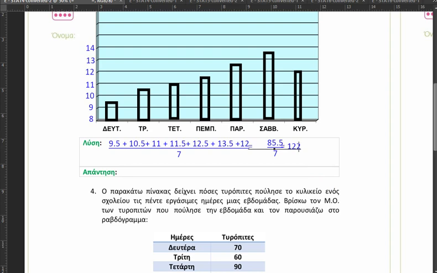Twice again. And I should put a decimal point there. Wait, have I done this correctly? I rushed it a little more than I should have. This is not actually 85.5, this is 80.5. And 80.5 divided by 7 is going to give us 11.5, that's the average.